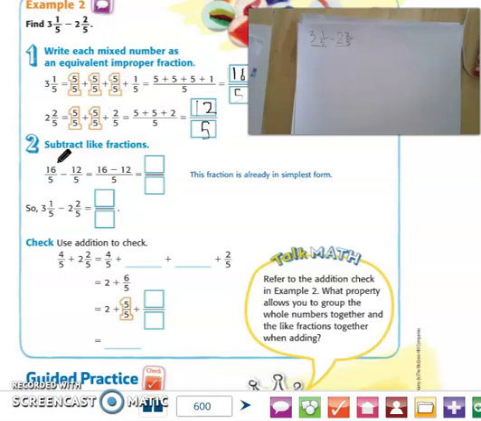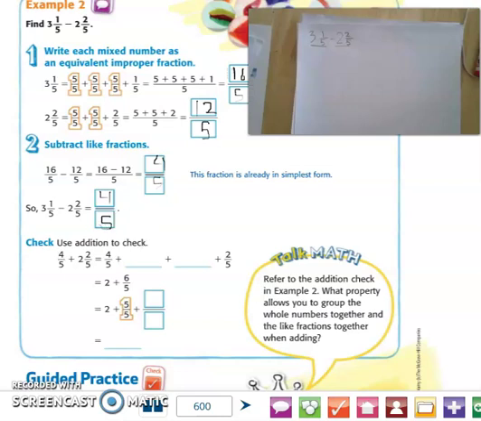Now we're going to subtract those. 16/5 minus 12/5. 16 minus 12 is 4. And our denominator stays 5. So 3 1/5 subtract 2 2/5 is going to get me 4/5.